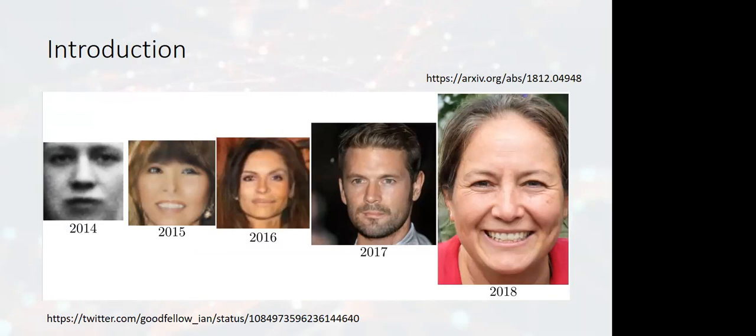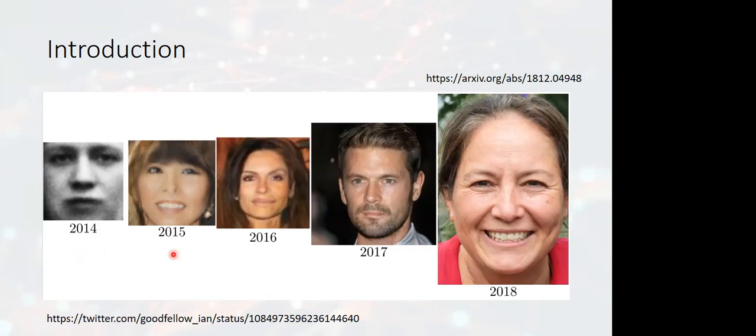As seen in this image, the faces are all generated using GANs and do not correspond to any living person. If we look at the progression, the first face was generated by Goodfellow et al. in 2014, and this barely passes as a realistic face.